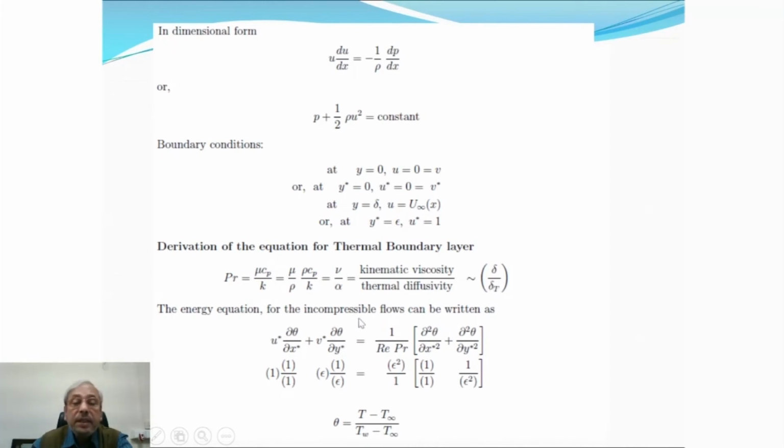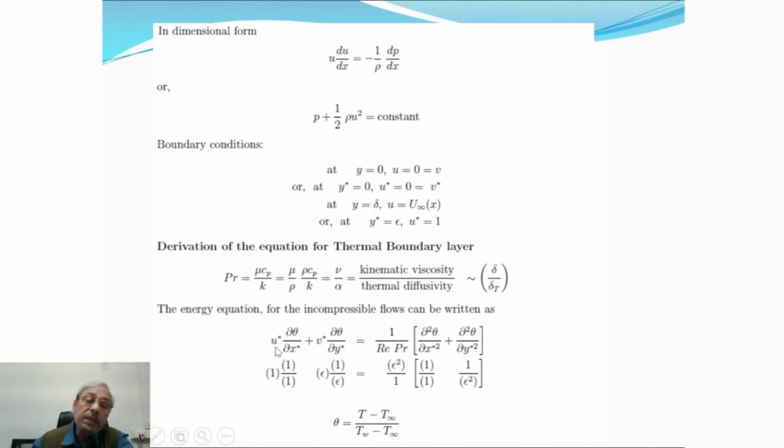So, the energy equation, when we non-dimensionalize, we have already seen it and we have worked with these non-dimensional parameters. So, for 2D, now we can write U star del theta del x star plus V star del theta del y star equal to 1 by Reynolds number into Prandtl number, del 2 theta del x star 2 plus del 2 theta del y star 2.